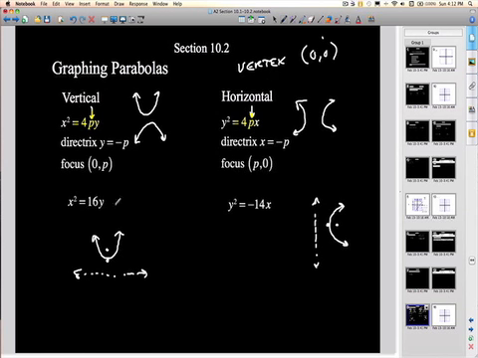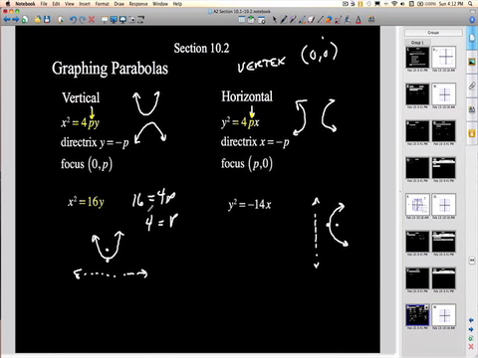So if I want to find p in this particular problem, you'll see that 16 has to be 4p. So if I set 16 equal to 4 times p, then I can find that in this problem, p is equal to 16 divided by 4, which is 4.